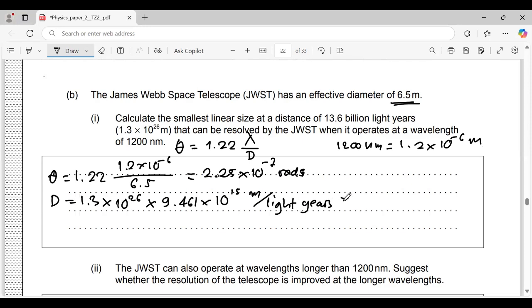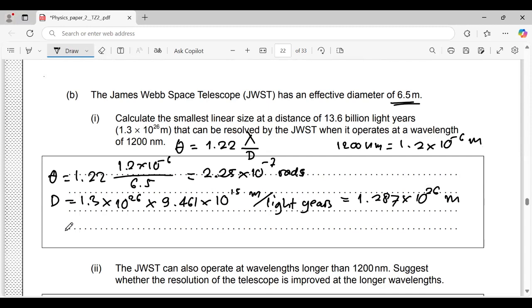So it's going to be 1.287 times 10 power 26 meters. So this is the distance.